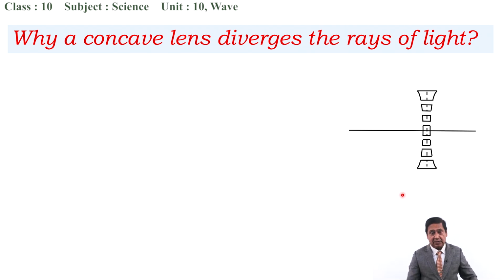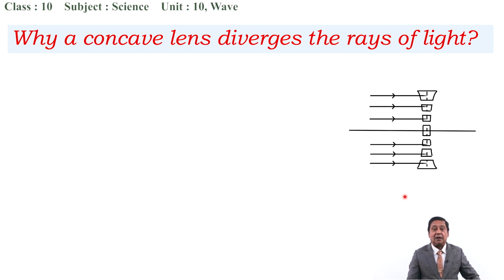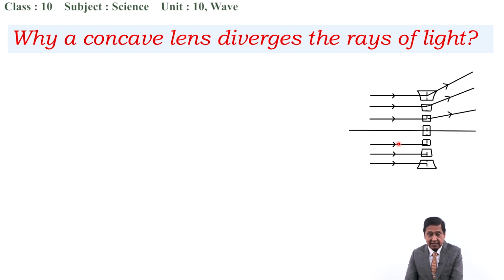Let's say this is the principal axis and rays of light are coming, and when they pass through this prism, each of them bends towards its base. This bends towards the base this way, this bends towards the base this way, and that's why it turns this way, isn't it? But in the middle, in the center, what happens? If a ray of light passes through the principal axis, it is passing through the normal, that's why it passes straight without deviation.